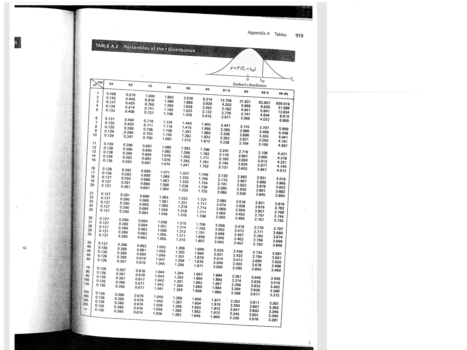3.4, I go up, it looks like it's in the 99.95 column. So that's like, what is that? It's like 0.05%. Right?